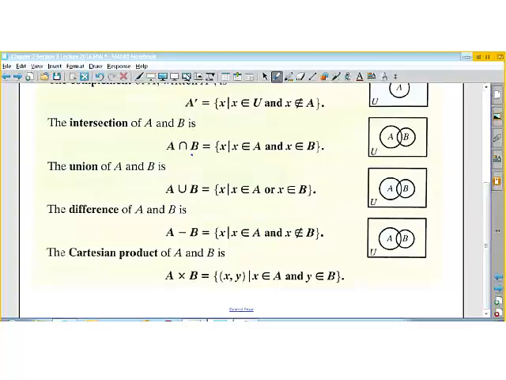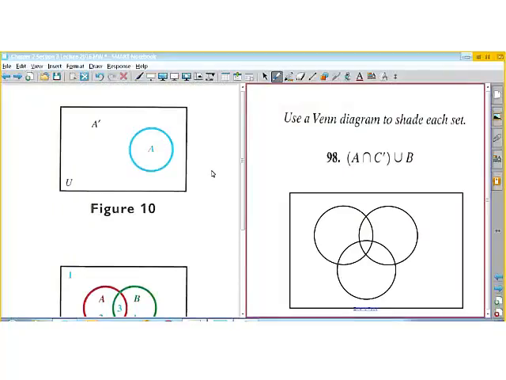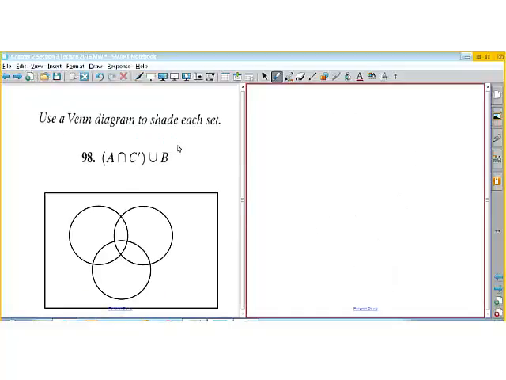So we're going to look at some more complicated versions of Venn diagrams here. So you're going to end up doing this, but we're not going to do this all at one time. What this represents is the intersection of set A and the complement of set C, and then union that with B. Okay, so that initially looks very complicated and you're ready to give up, but the thing about math is you've got to do things in nice bite-sized pieces.